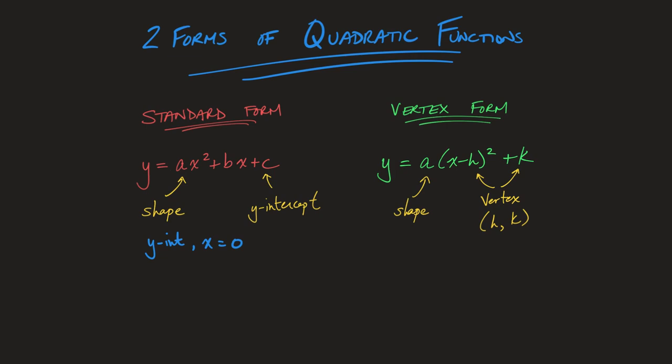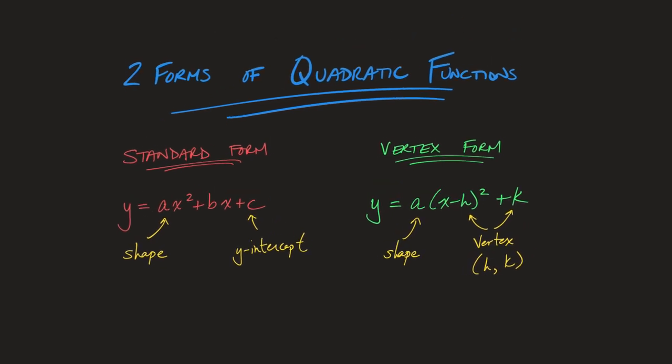And notice, if I were to sub in x equals 0, that is going to wipe out that first term, because now I have 0 squared, which is 0, times a, which is 0. You'll also notice that it's going to wipe out my middle term, because whatever my b is, I'm about to multiply it by 0, so I get 0. So that whole thing just finishes off with c. I'm hoping we can understand now why I can just read my y-intercept from my standard form.